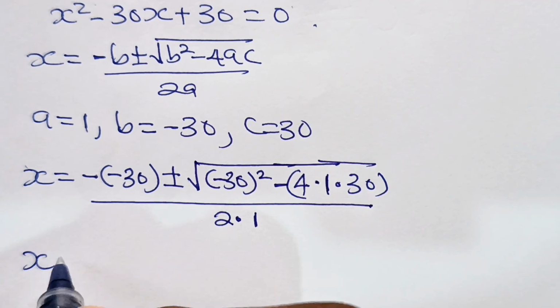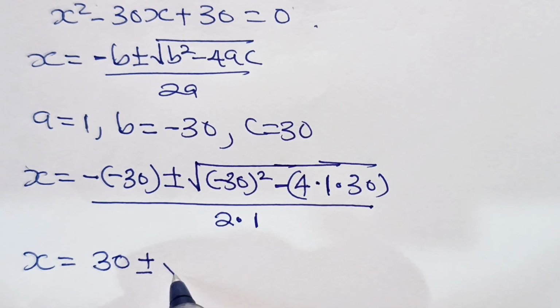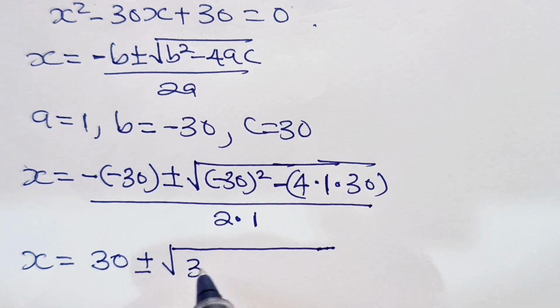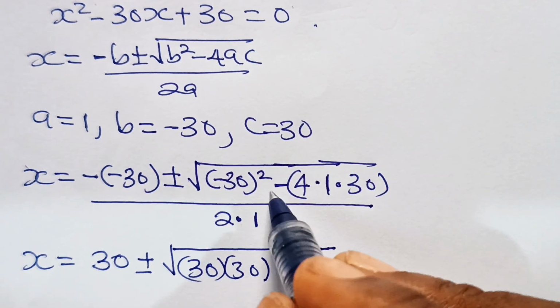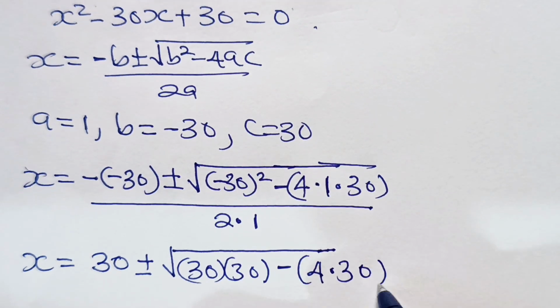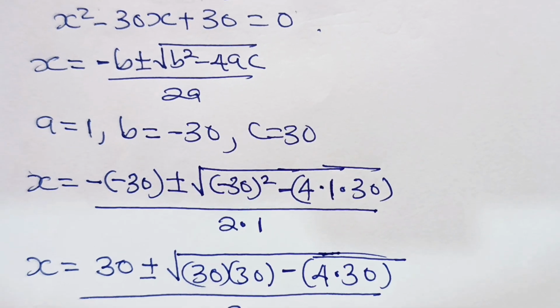So we have x is equal to 30 plus or minus the square root of, minus 30 squared is the same thing as 30 multiplied by 30, then minus 4 multiplied by 30, all divided by 2.